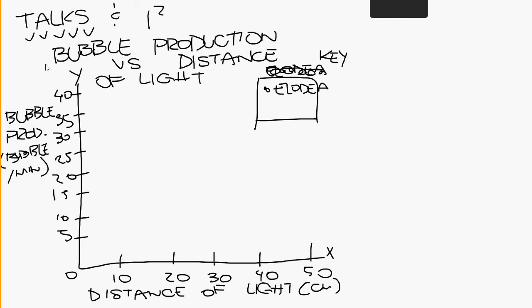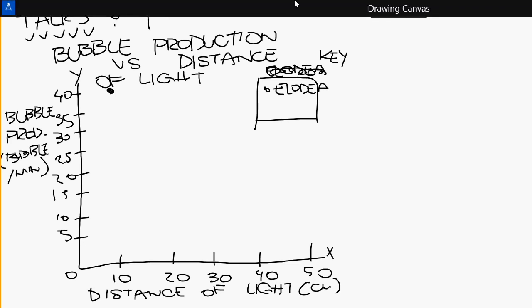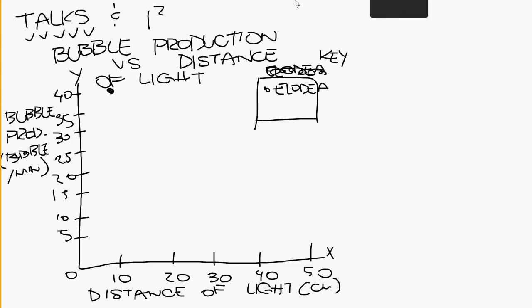So next thing I need to do is just to plot it. First plot is 10 is at 40, 20 is at 20, 30 was at 10, 40 was at 5, and my last point was 3. So I connect the points.